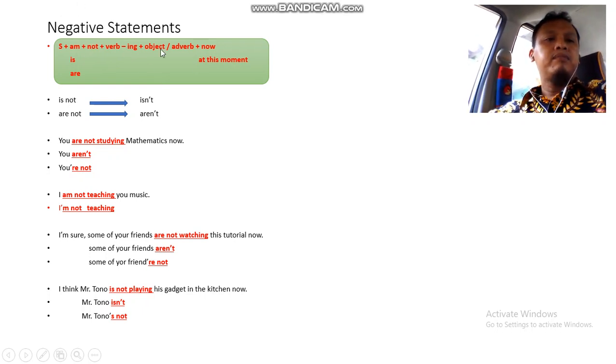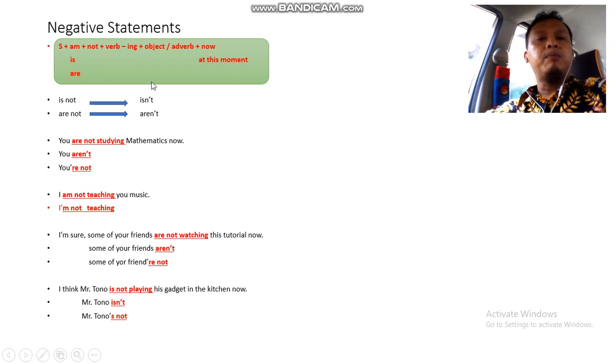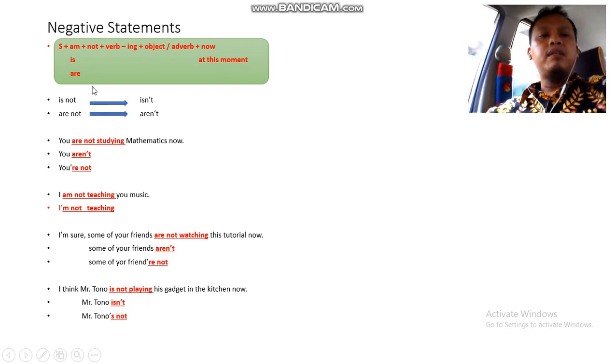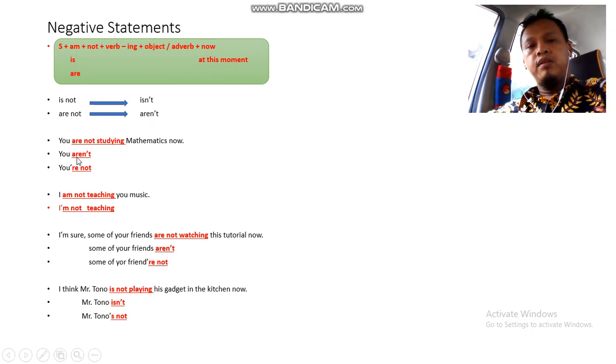Look at the pattern. Subject plus be plus not plus verb ing plus object or adverb plus now. Is not is shortened into isn't, are not is shortened into aren't. So you have three variations of saying the negative statement by looking at this pattern and these variations.